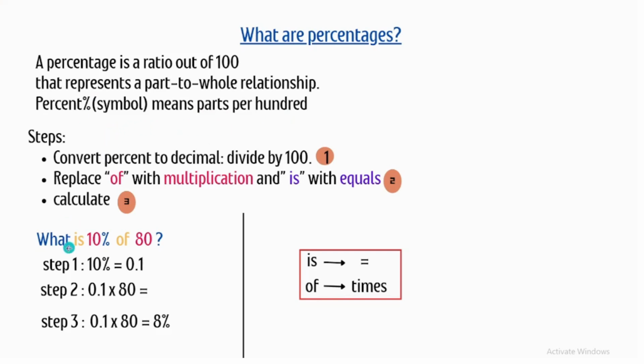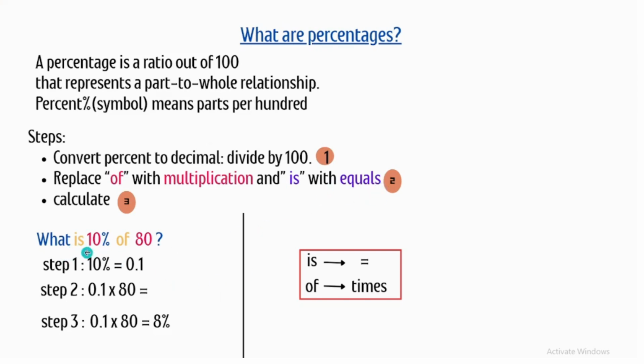To solve a question like this, what is 10% of 80, we will follow these steps. The first step: convert the percent to a decimal, divide by 100. Here, 10% we will convert to 0.1. Number 2: we will replace "of" with multiplication and "is" with equals.